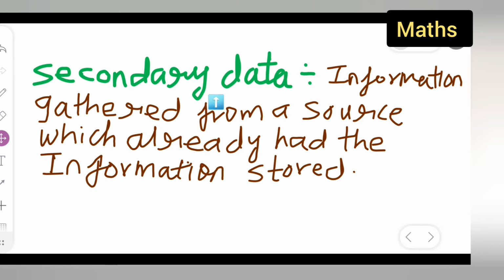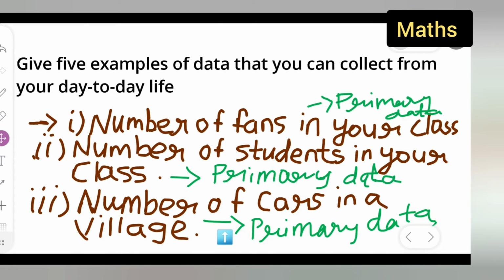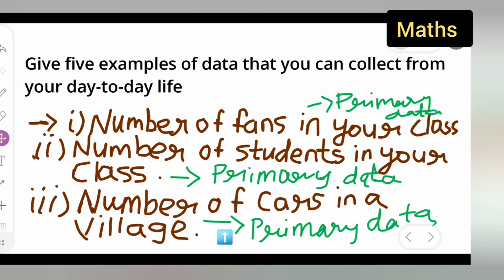Secondary data is information gathered from a source which already had the information stored. First, you have to understand what primary data and secondary data are.